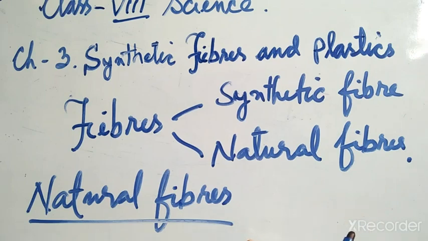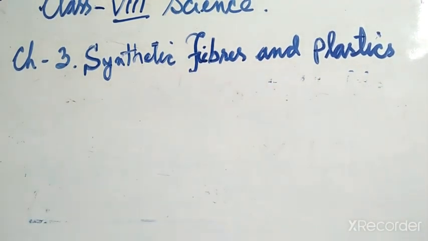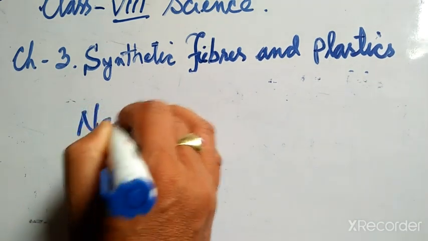So cotton, then jute, are natural fibers. First let's see natural fibers.